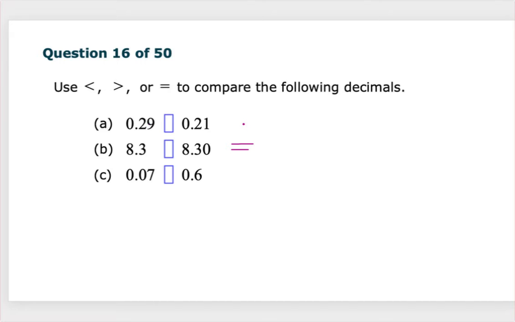The 29 hundredths is bigger. And lastly, 0.07 and 0.6. This has 6 tenths. This one has 0 tenths. So 0.6 is larger. We're going to use the less than sign. And we're done with that one.